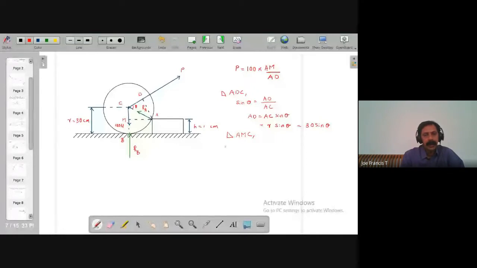What we need to find is AM. So AM, in fact by Pythagoras theorem in a right triangle, is given by square root of AC squared minus CM squared.